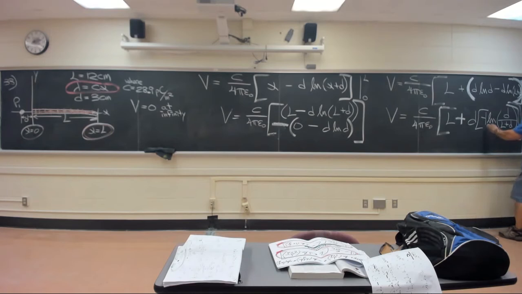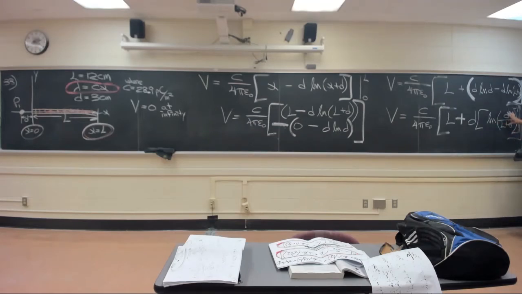Well, multiplying this by a negative 1 is the same as putting negative 1 right here. And this quantity to the negative 1 is flipping this upside down.